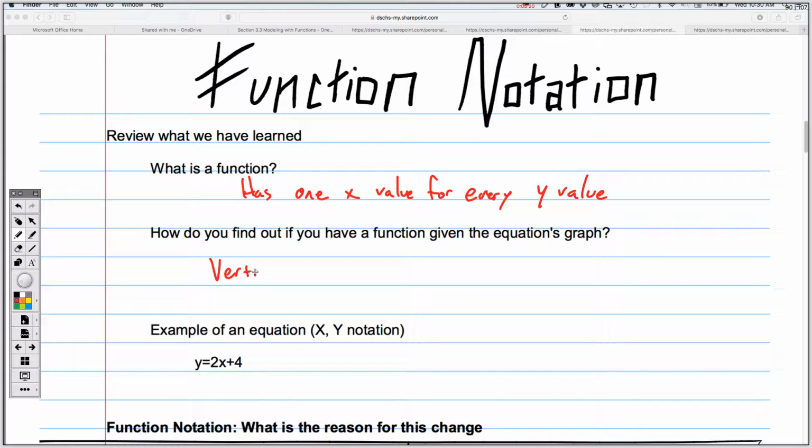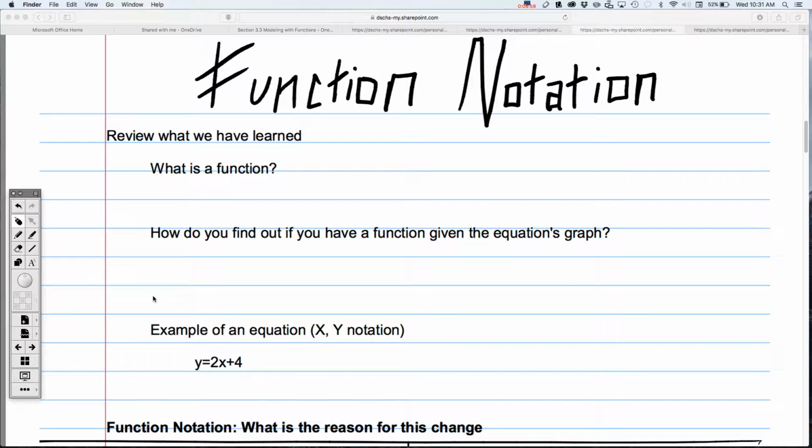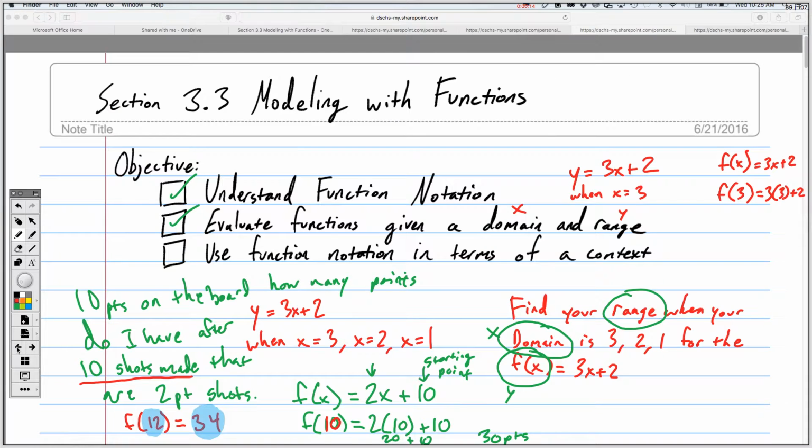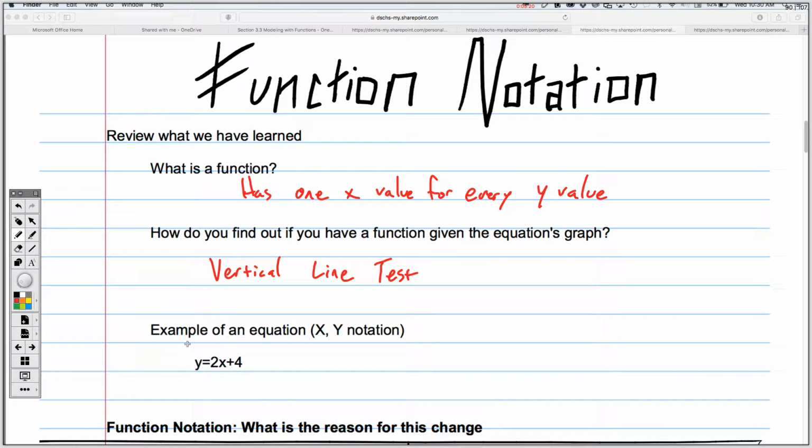We said this just last video: vertical line test. Example of an equation, xy notation. Okay, let me give you a second to copy those answers. Those are all review from the class section that we just did, so that's why I went through it a little bit quick.